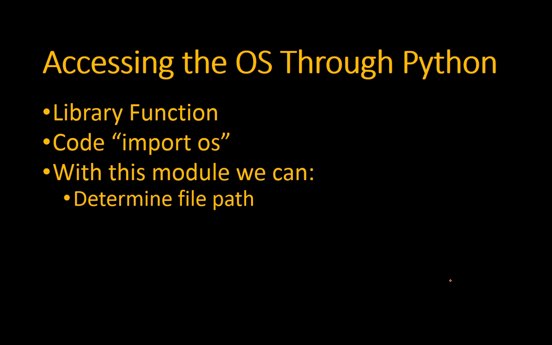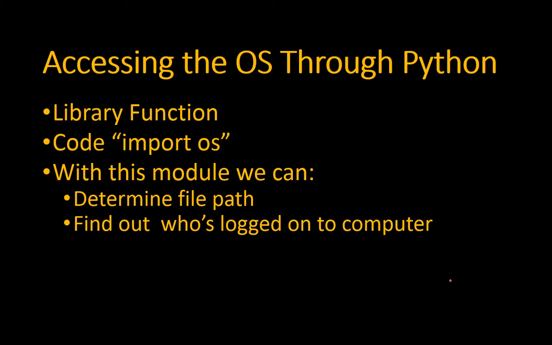We can determine where a file is living, on a hard drive, on a network drive, on a thumb drive that's plugged into the computer. We can also find out who's logged into that computer, should we desire to do that. More of something that I work with my scripting students on, but it's something we'll look at here in the classroom when we come back.